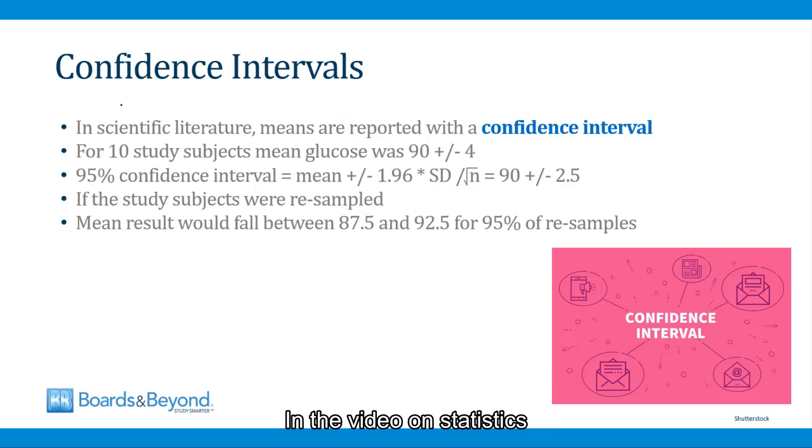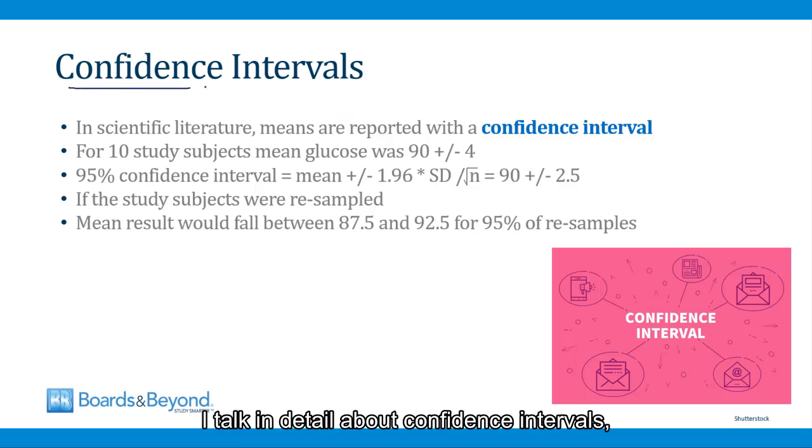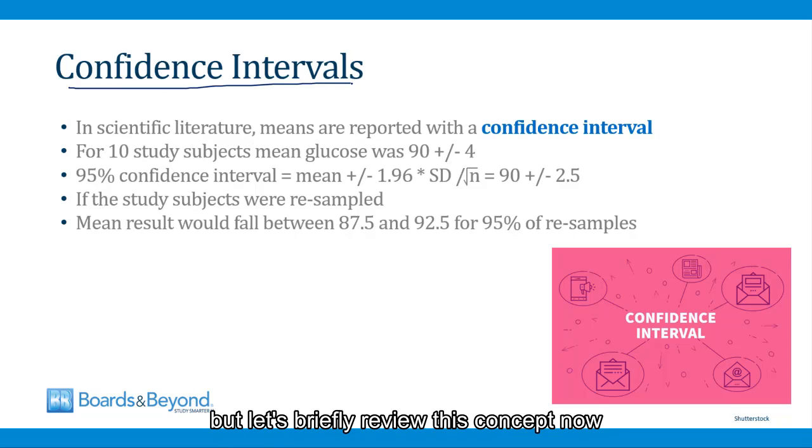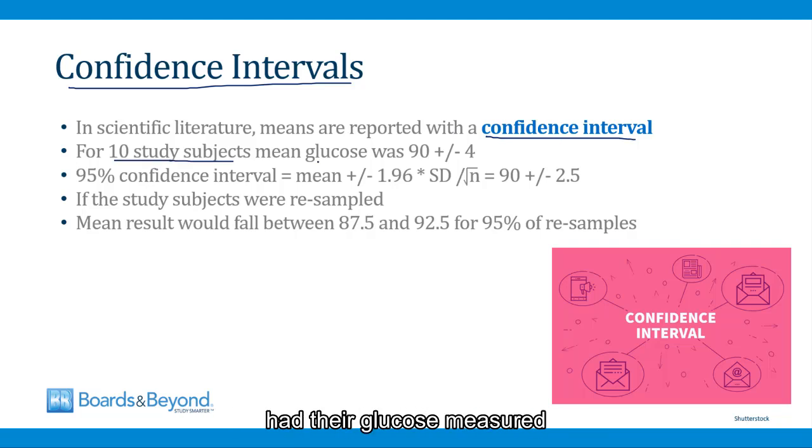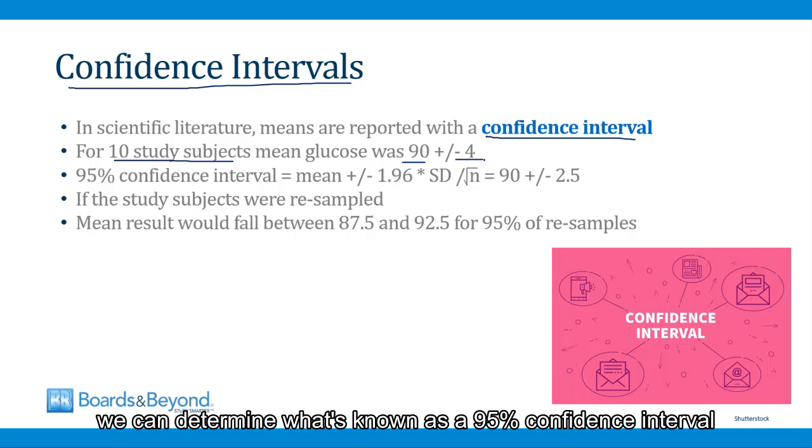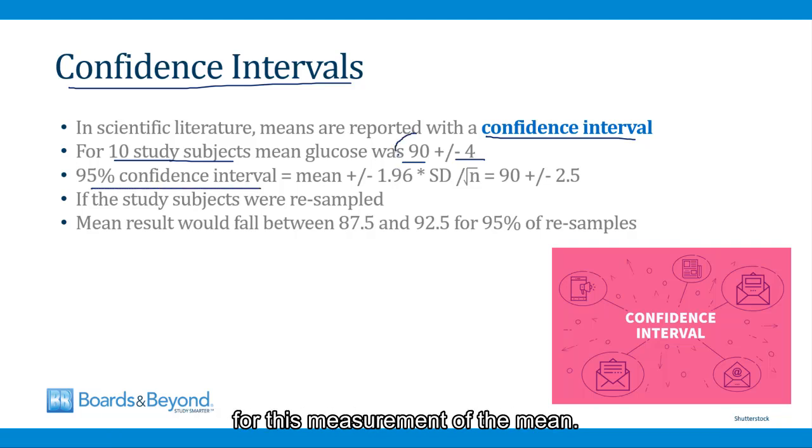In the video on statistics, I talk in detail about confidence intervals, but let's briefly review this concept now because confidence intervals can tell us something about the significance when we're comparing two different groups. In the scientific literature, means are often reported with a confidence interval. So for example, if 10 study subjects had their glucose measured and the mean value was 90 plus or minus a standard deviation of 4, we can determine what's known as a 95% confidence interval for this measurement of the mean.